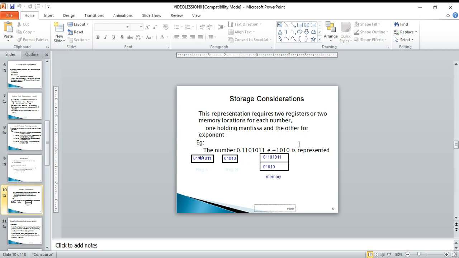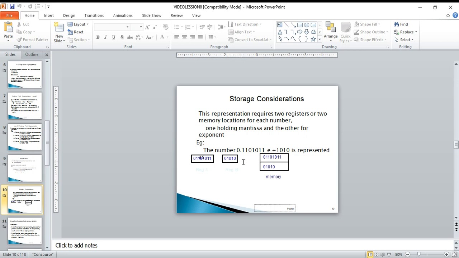But here we need two registers to store a number represented in the floating point representation. One register is used to hold the mantissa value, and the other register is used for holding the exponent value. So in total we need two registers to store the number.